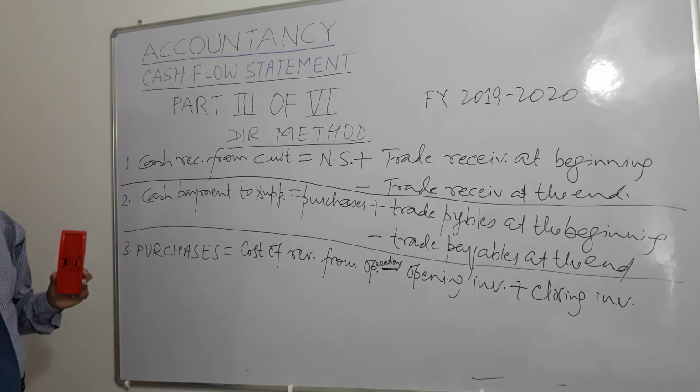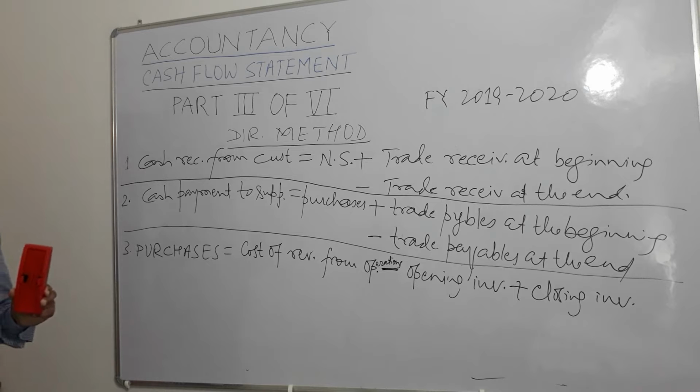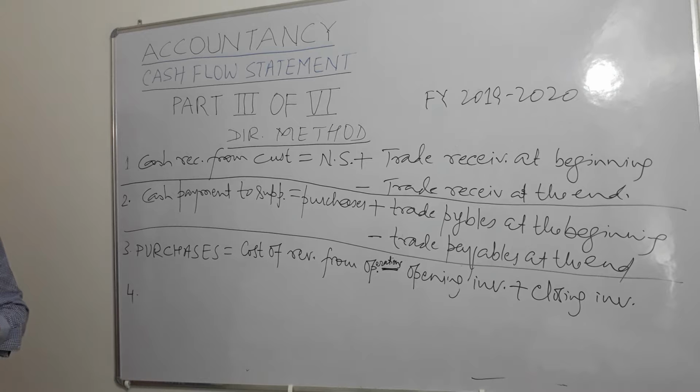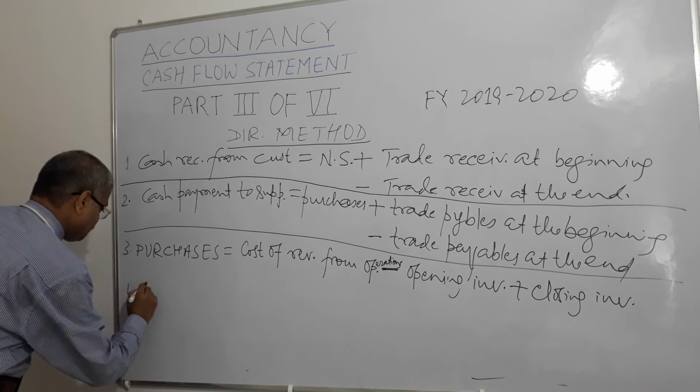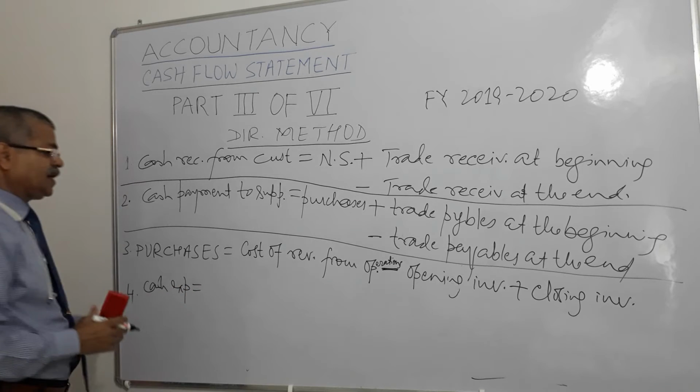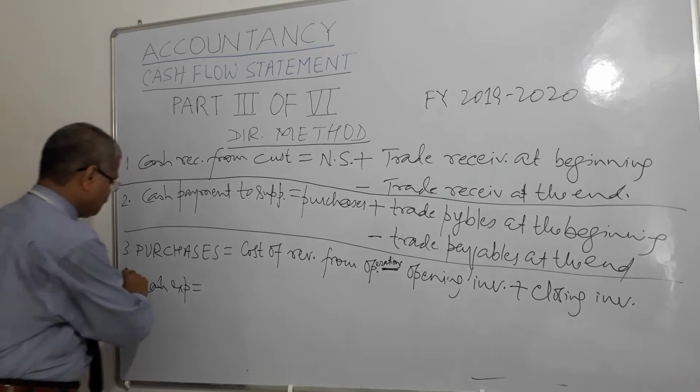Purchases is done. Now we are going to the fourth item, and that is cash expenses.